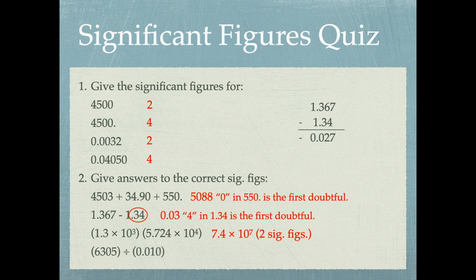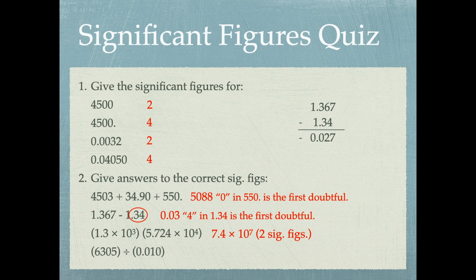Because 1.3 is the smallest number of sig figs that I have up there. 1.3 has fewer sig figs than 5.724. I'm not keeping out to 0.4 because there's 1 decimal after 1.3. I'm keeping out to 0.4 because 1.3 is 2 sig figs. This is the only time I really count them, in multiplication and division.